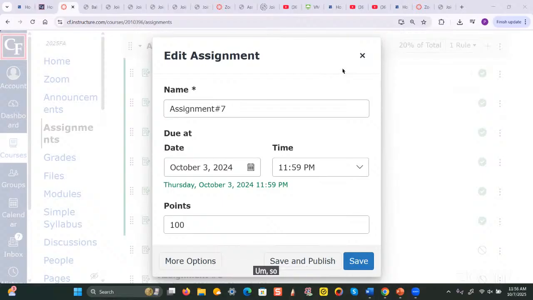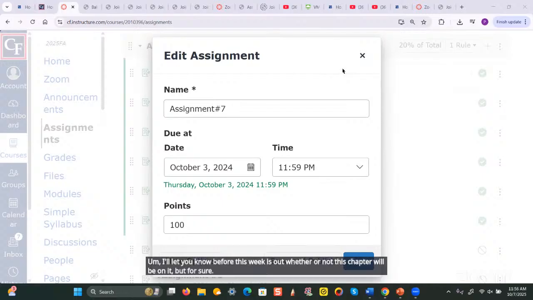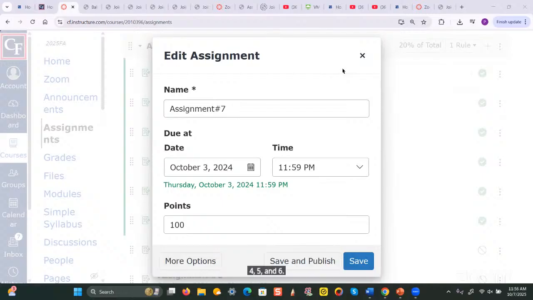So is this the last chapter before the test? I haven't decided yet. I know that the test will cover 4, 5, and 6. I'll let you know before this week is out whether or not this chapter will be on it. But for sure, 4, 5, and 6 are going to be on the test.